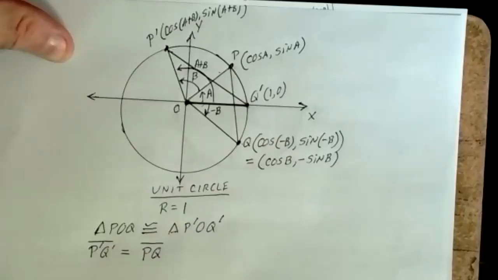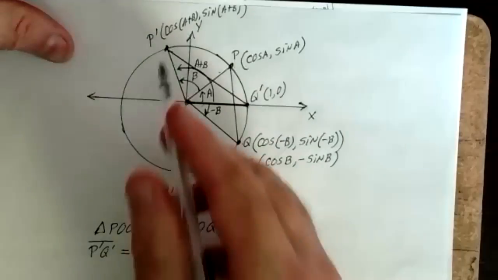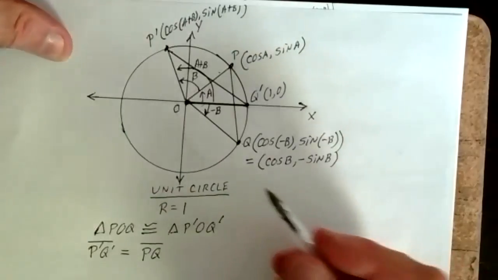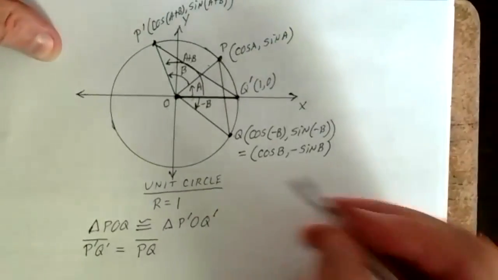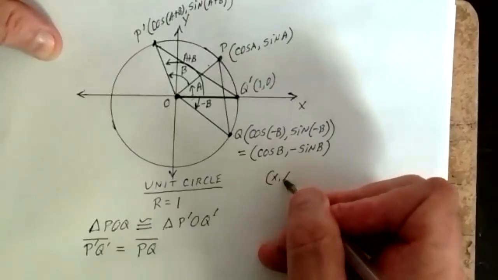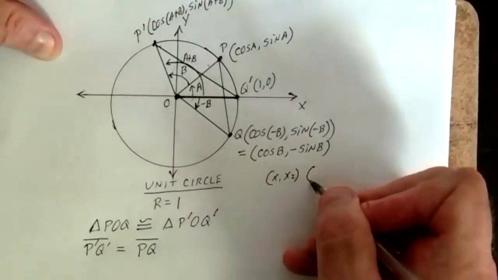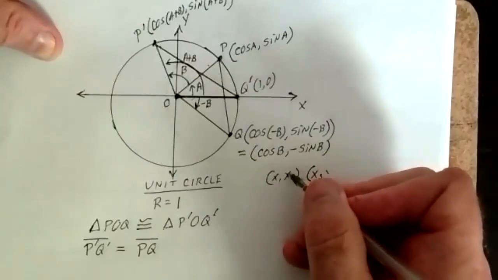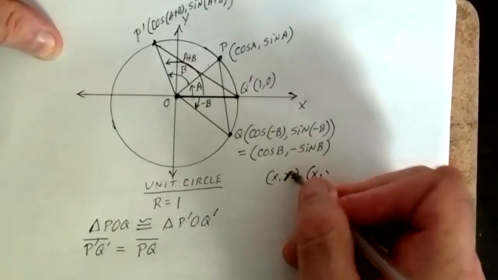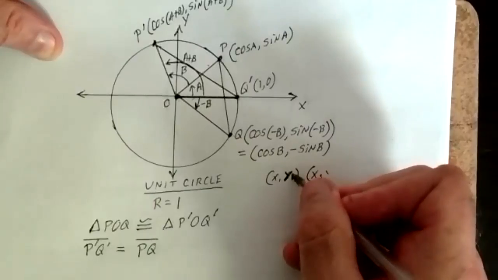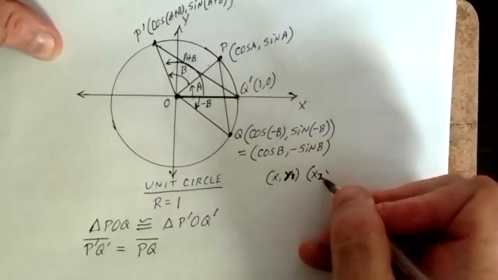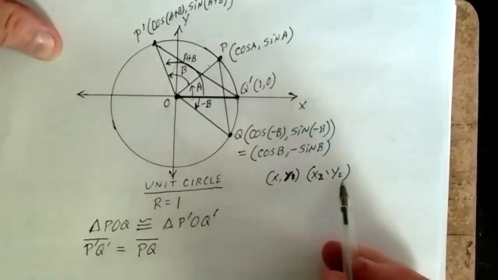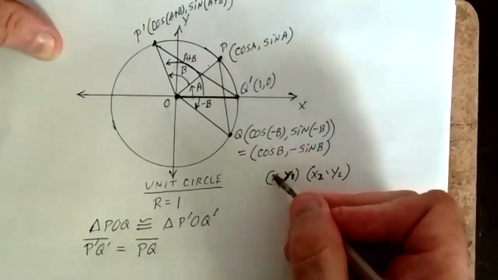How do we find the length of a line segment in the XY plane? Well, we use the distance formula. And recall the distance formula between two points, the point x sub 1, y sub 1, and the point x sub 2, y sub 2. How do we find the distance between two unique points in the plane? We use the distance formula.